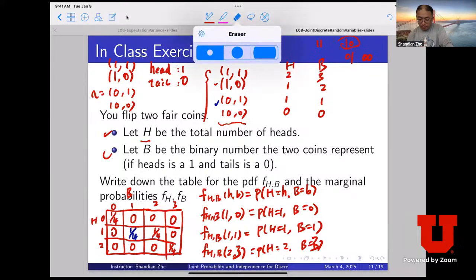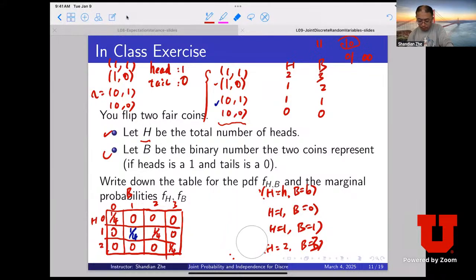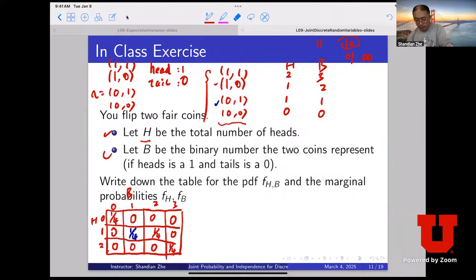So now let's keep this table aside and look at the PDF for each single random variable. What is the PDF for H only?